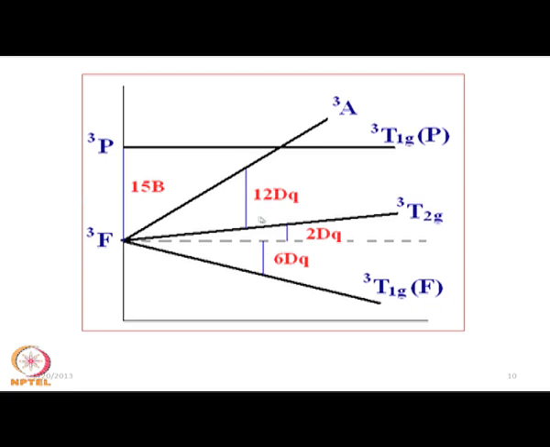Right now we see that these two values are equal to 8 Dq, corresponding to 10 Dq in the crystal field splitting, and the gap between 3T2g and 3A2g is equal to 12 Dq. Compared to the unsplit 3F level, we find a magnitude of 2 Dq, which is different from the total 8 Dq value.